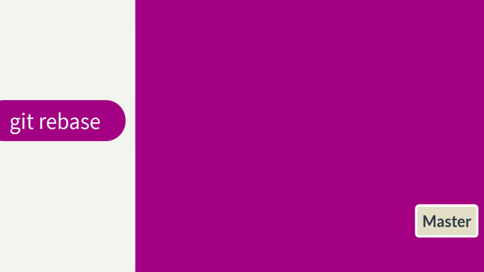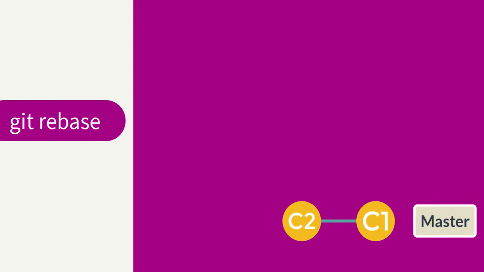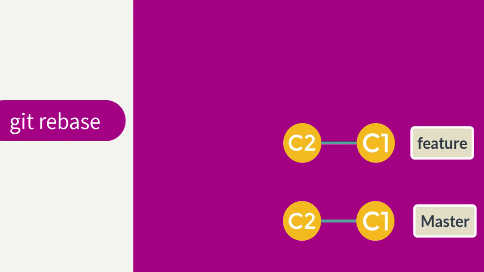Now let me take a pictorial example to help you understand what rebase actually does. Suppose you have a master branch with C1 and C2 commits. Now from this master branch, we create a new branch called feature branch. In the feature branch, on top of C1 and C2 commits, we make a new commit called F3.